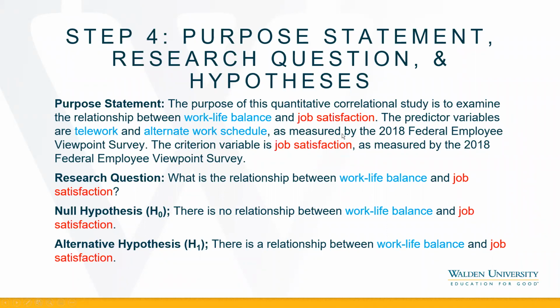We indicate how it's measured, and then the criterion variable is job satisfaction. We can then go on and write our question: what is the relationship between work-life balance and job satisfaction? And so on and so forth, and write the corresponding null and alternative hypotheses.